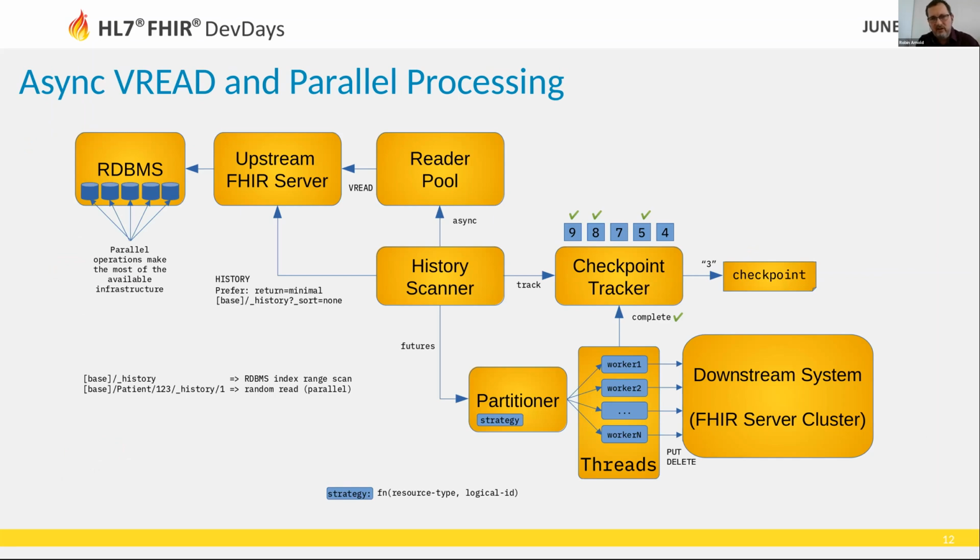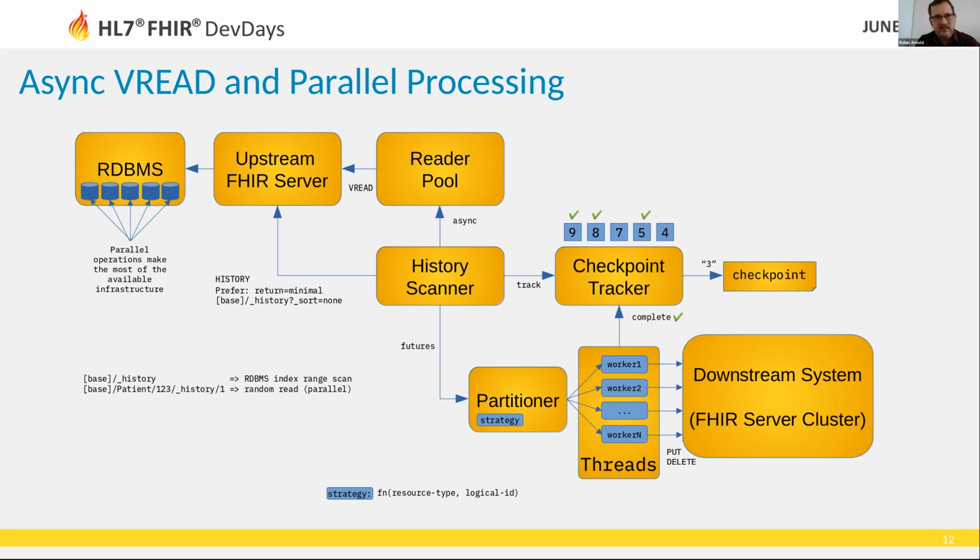So what might this look like in practice? Well, here we've got a slightly more sophisticated history scanner where we again do the same upstream call to the history API, but passing this time the Prefer return equals minimal header.